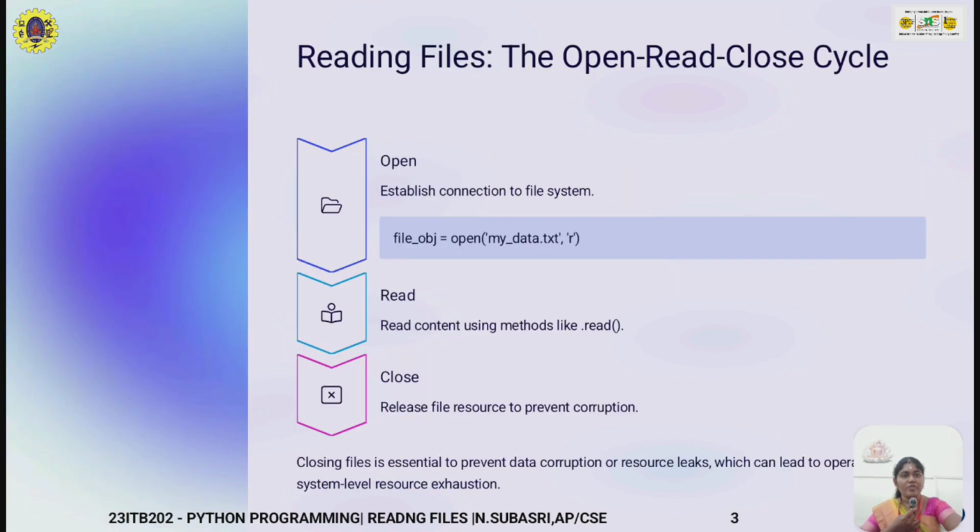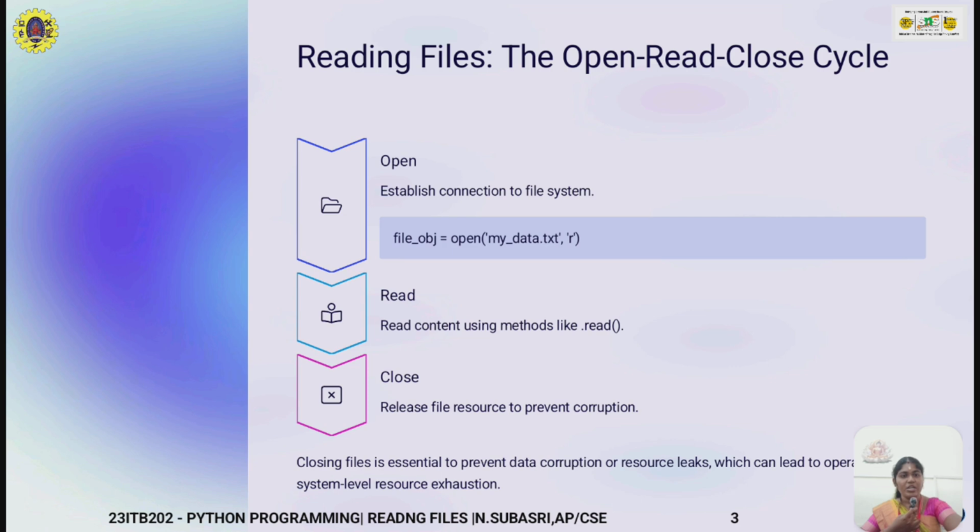While reading the file, the open, read, close cycle is used. For opening the file, we establish the connection to the file system: file object equal to open, and inside that we give our text file name, that is mydata.txt, comma, and since we are just going to read the file, I'm using the R key here.